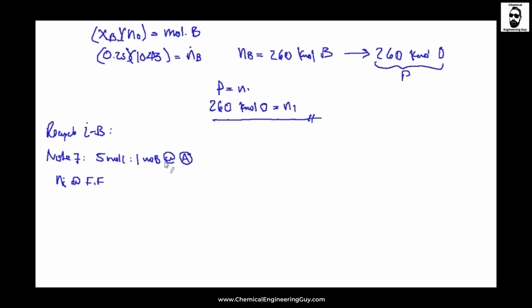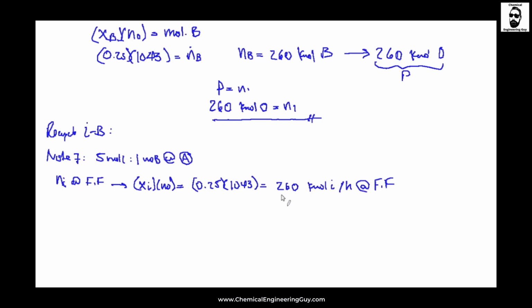That's an easy one. Actually it is this times N0. Xi is 25%, and I got 260 kilomoles of isobutane per hour in the fresh feed.